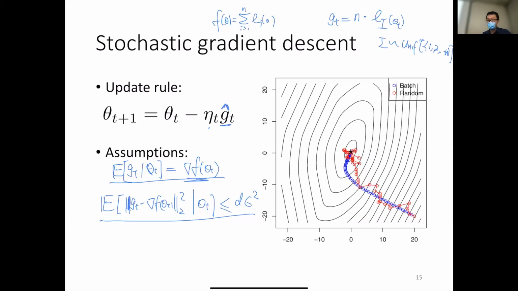Okay, so why does this work? We can simply calculate its expected value. Since this I is taking a uniform distribution, this becomes n times the sum from i equals 1 to n, 1 over n, and then the individual gradient of L_i of theta_t.